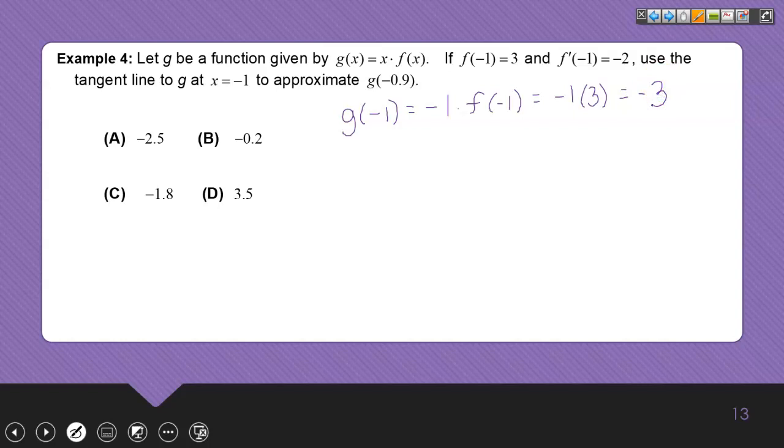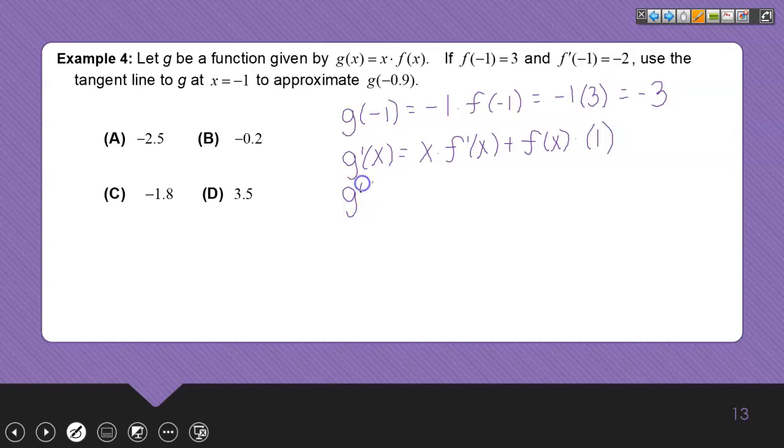So g of -1 is -3. And then, in order to write a tangent line for G, I need G prime. So G prime of X is first times derivative of second plus second times derivative of first.